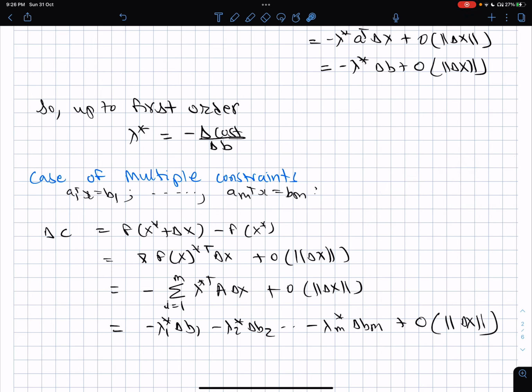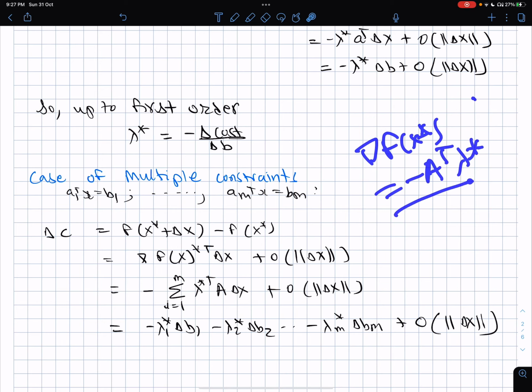So therefore, what do I get? This means the gradient of f at x star can be written as minus A transpose lambda star, and that is what I have substituted here.